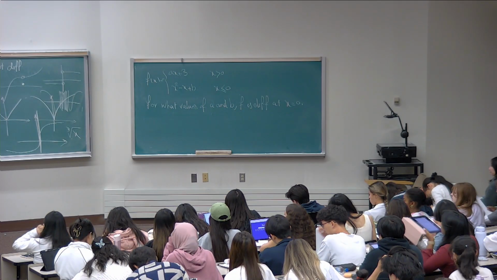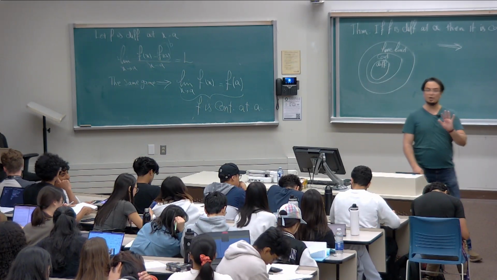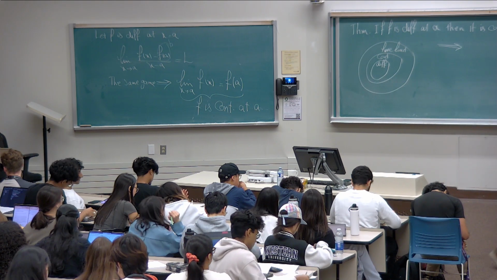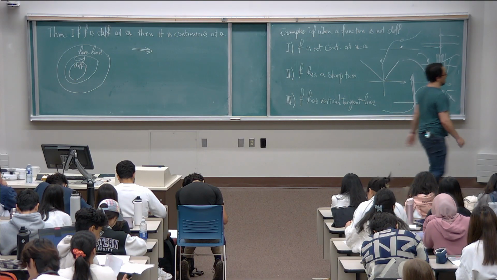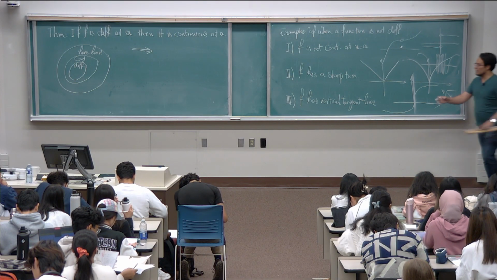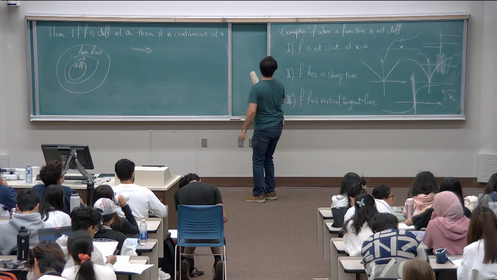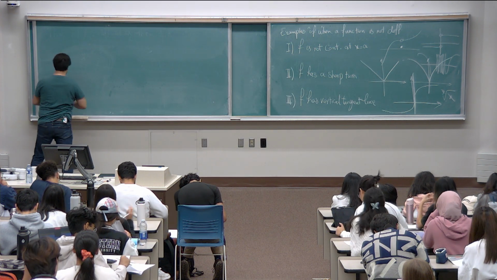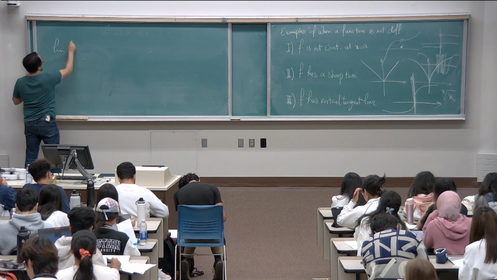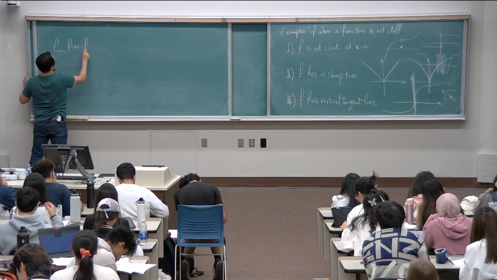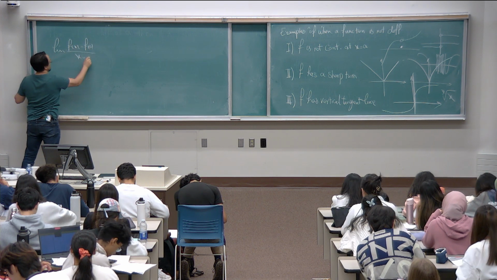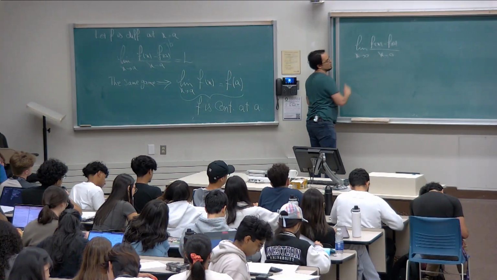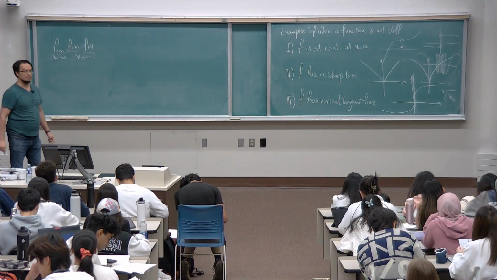So you can try to find the limit that defines the derivative. In other words, the limit of f of x minus f at 0 over x minus 0 as x approaches 0 must exist, yes?